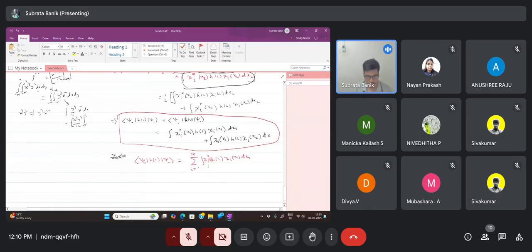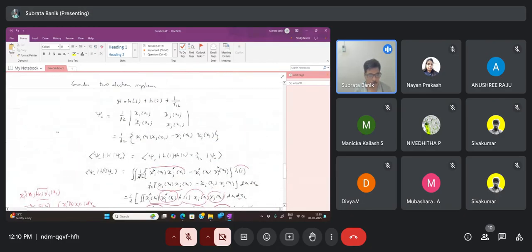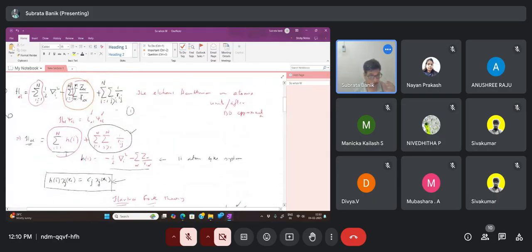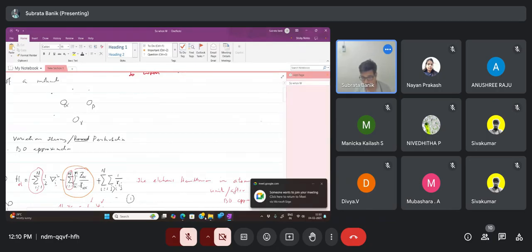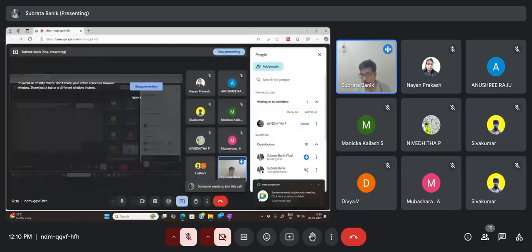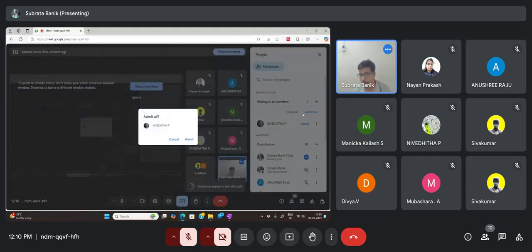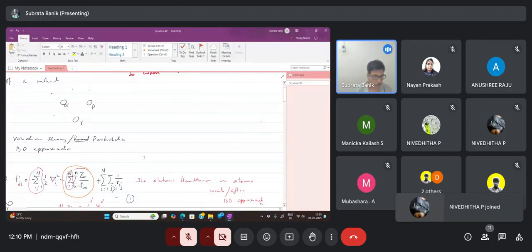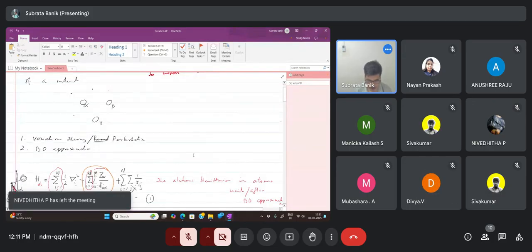Okay. So this is what we are doing. How did we start? We started after writing the Hamiltonian for the electrons, the electronic Hamiltonian within Born-Oppenheimer approximation, right?